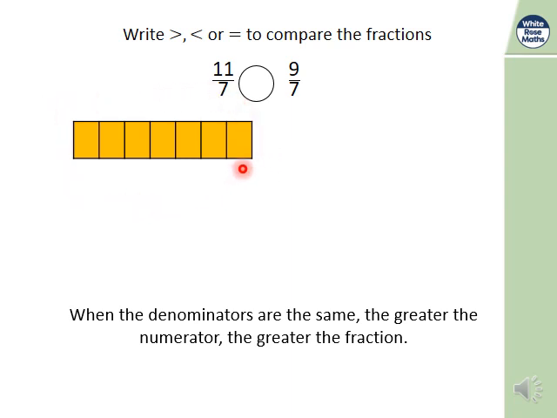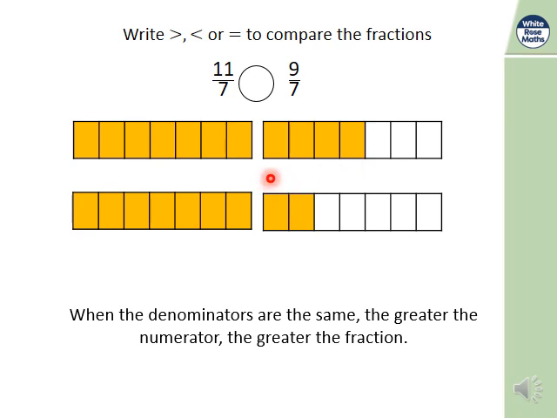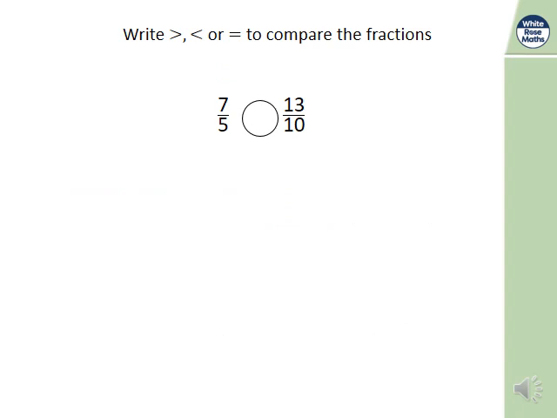So that's 7/7, 1 whole. Then we have 8/7, 9/7, 10/7, 11/7, which is our first fraction. Then we have 7/7 again and 2 more. So here we have our 9/7. And by looking at the second bars, we can see that 11/7 is greater than 9/7.